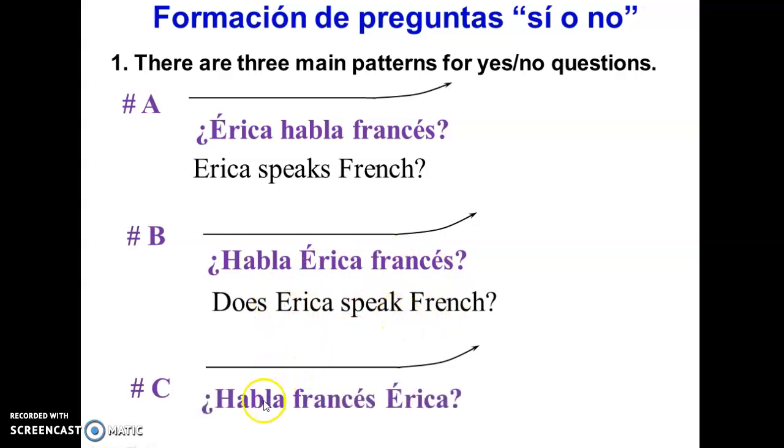Or also the verb first, the object, and then the subject. In both cases, we are asking, does Erika speak French? As you can see, we can switch the order, and these are all valid ways to ask something in Spanish. Erika habla francés. ¿Habla Erika francés? ¿Habla francés Erika?